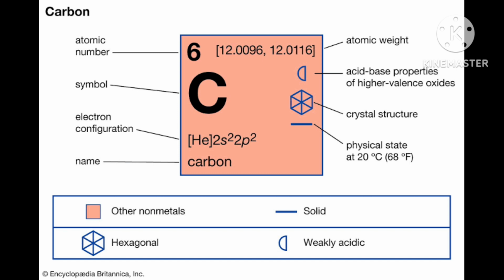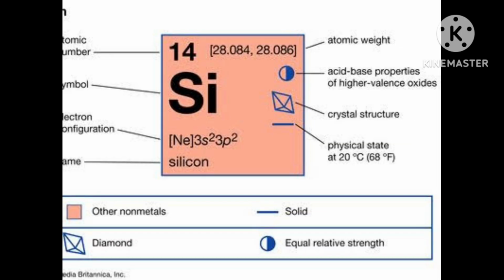Already Si4 plus is there, meaning it doesn't have electrons. How many lone pairs does chloride have? Cl has 7 electrons, and chloride ion has 3 lone pairs of electrons.